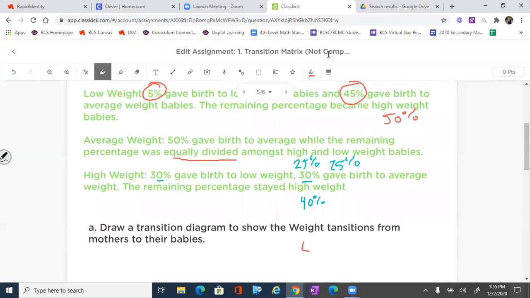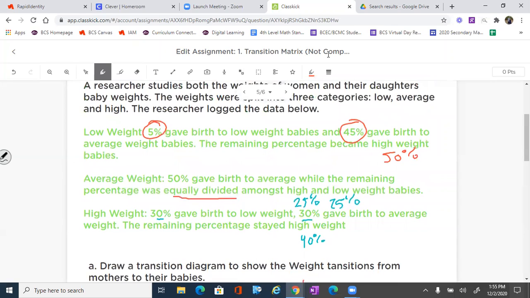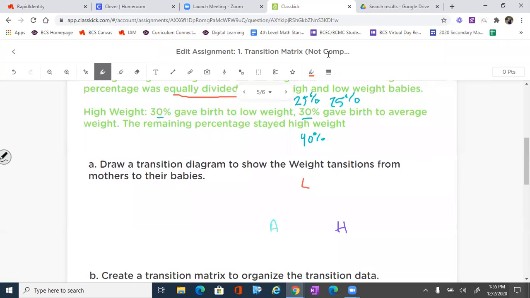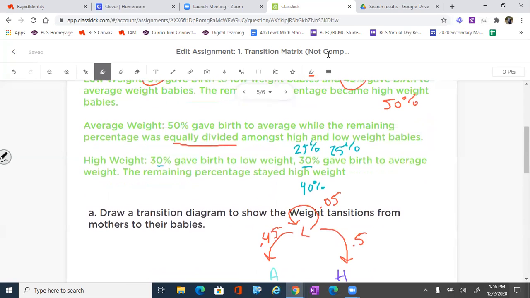So low, we know that 5% stayed low and 45% went to average. So I'm going to make a loop, 5% stayed as low, and then we know 45 went to average, and that tells us that the remaining went off to high, which was a total of 50%, which is what we found.